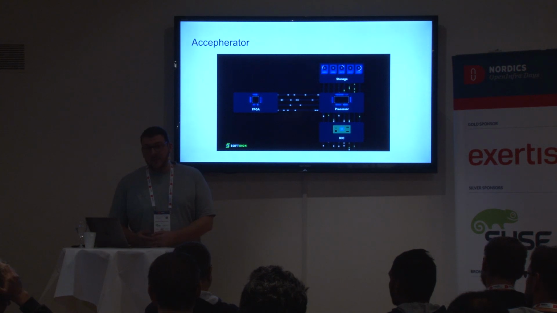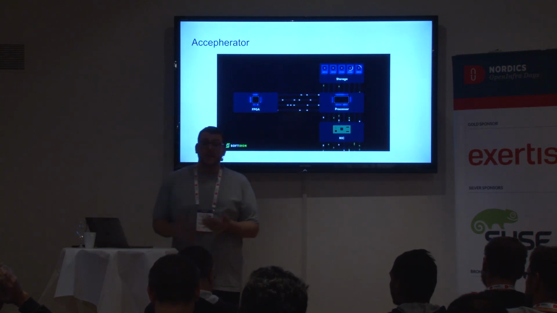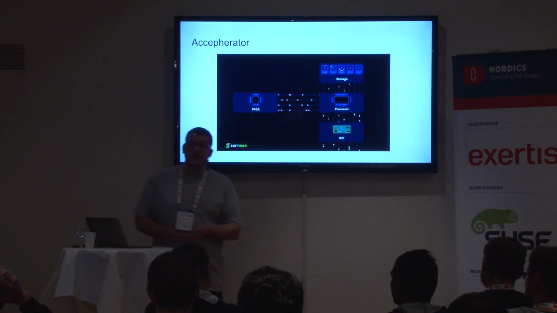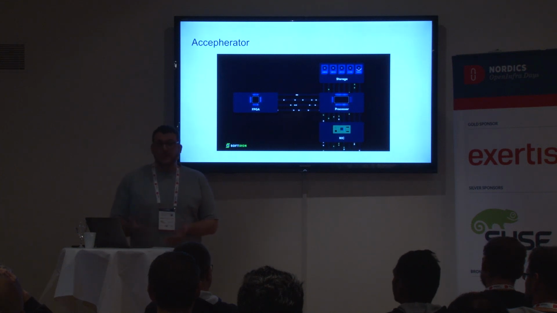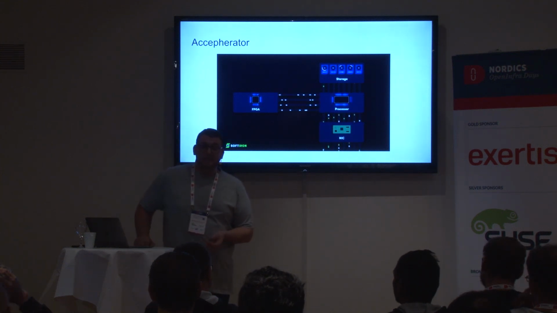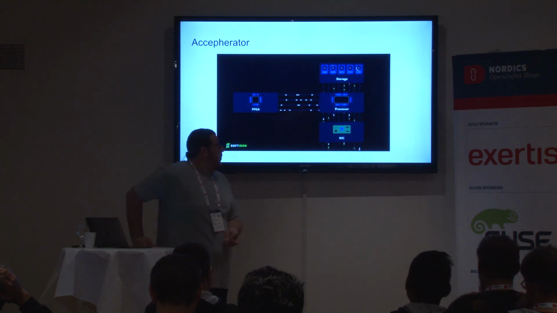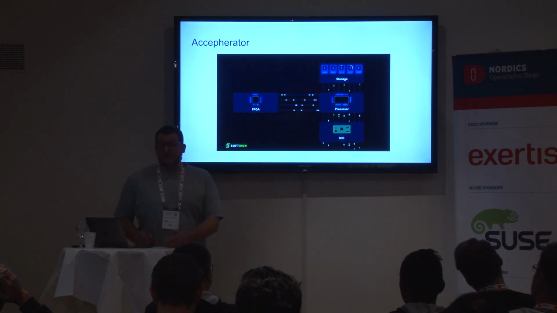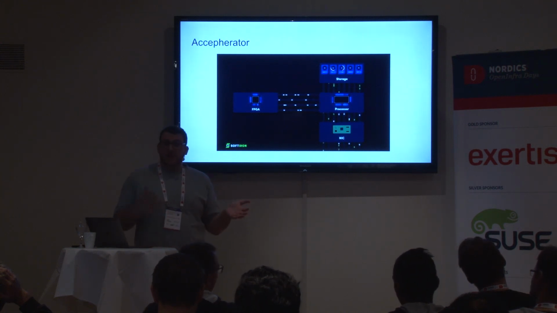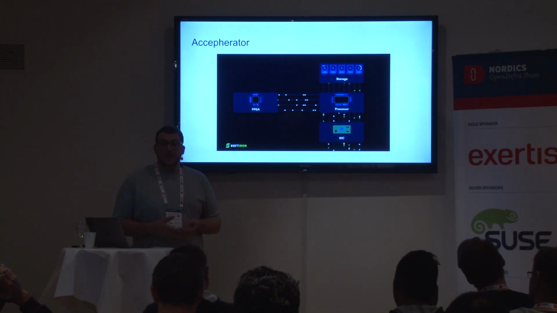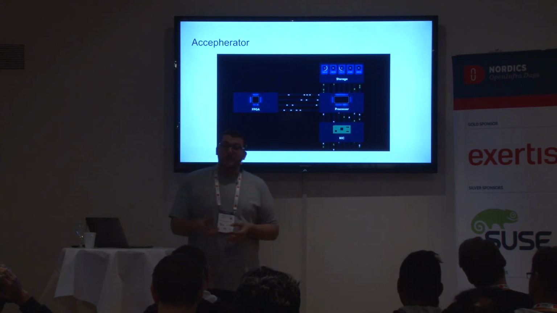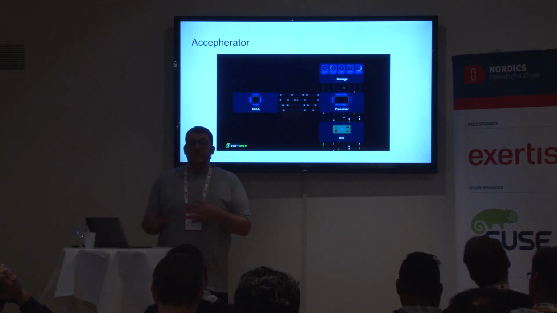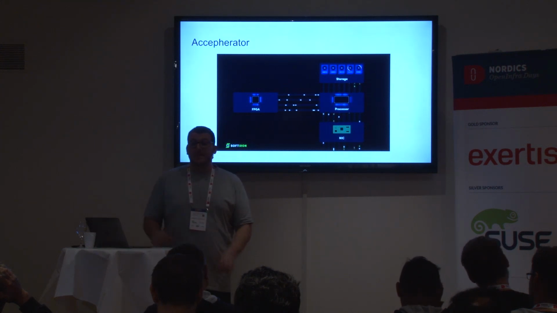One of the things SoftIron is aiming to do is density, getting as many nodes into a rack as possible, and you don't really want 42U running really hot. But there are things you want to do that are more computationally expensive within Ceph, so the idea is to have a whole set of different designs, and you can pick and choose from them to put together different Ceph clusters on a case-by-case basis.